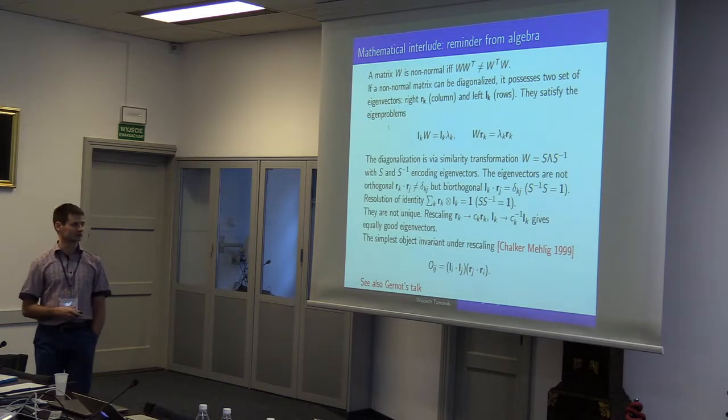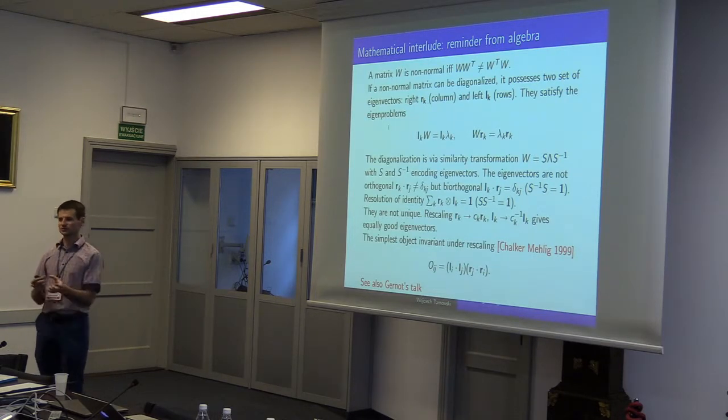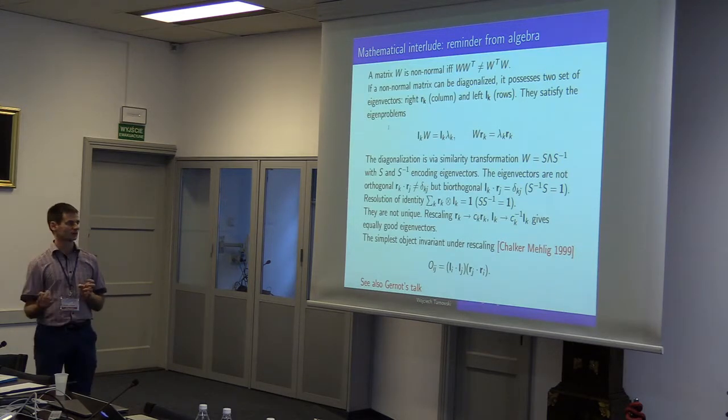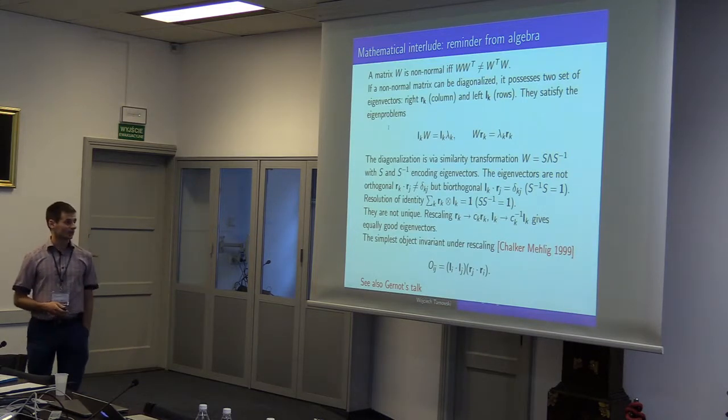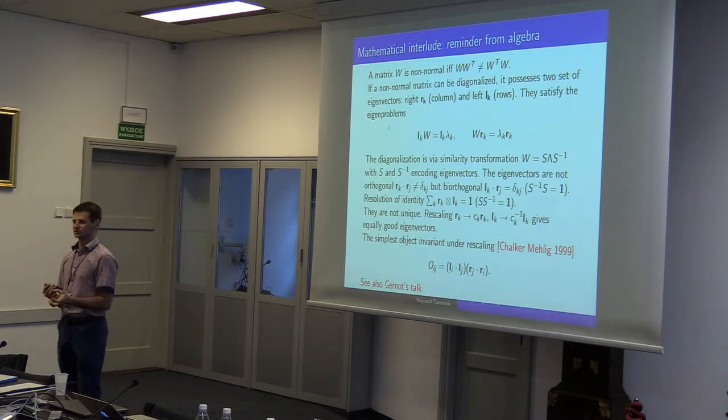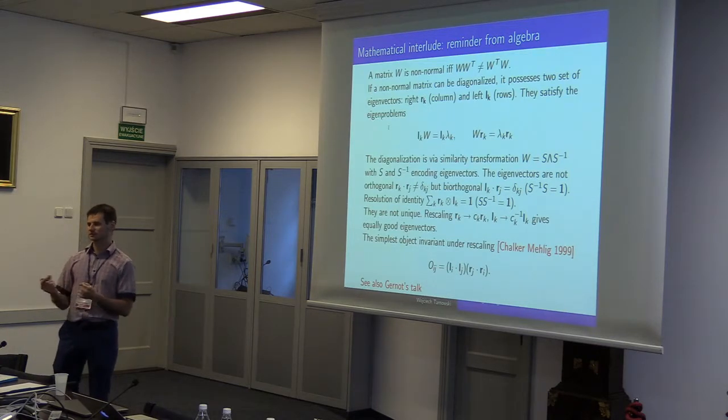Unfortunately, these eigenvectors are not unique, because you can always rescale a left eigenvector by some number and the right eigenvector by its inverse. So if we want to study their properties, we need to look at quantities which are invariant under such rescaling.